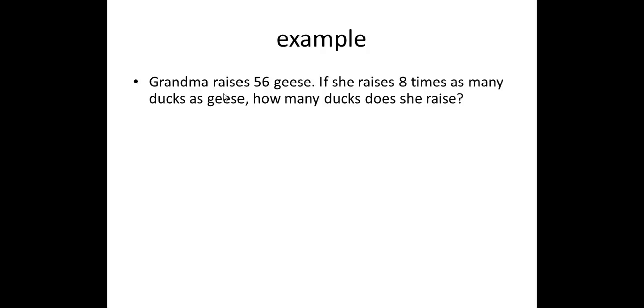Then what is the total amount in all the groups? The noun in front of this as is ducks. So the number of ducks is the total amount in all the groups. What is the number of groups? 8 times means 8 groups. That means the number of ducks is the total amount in all the 8 groups.